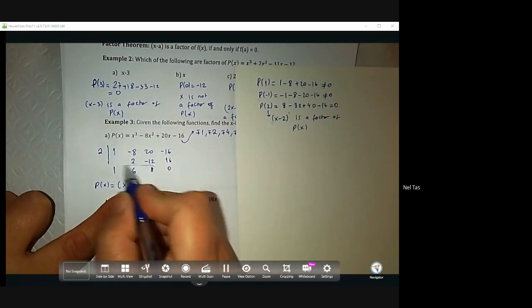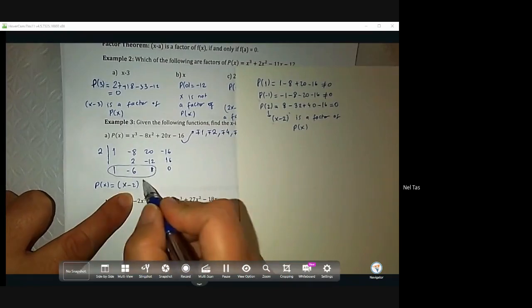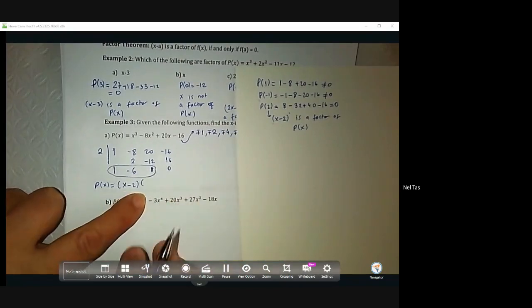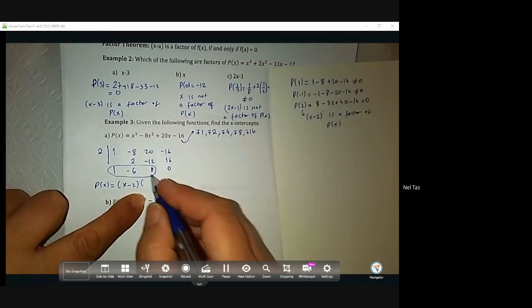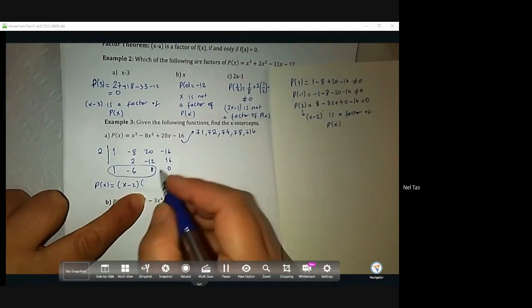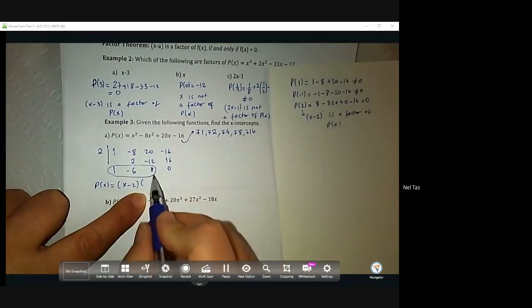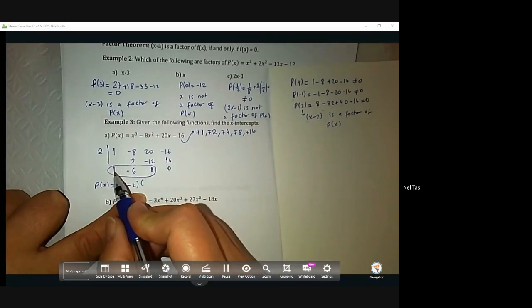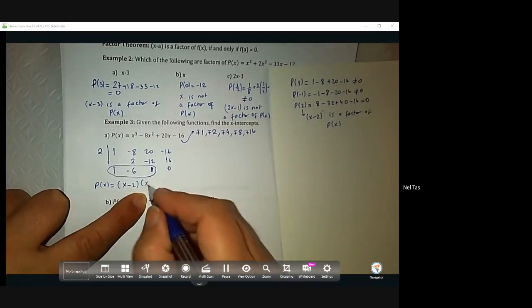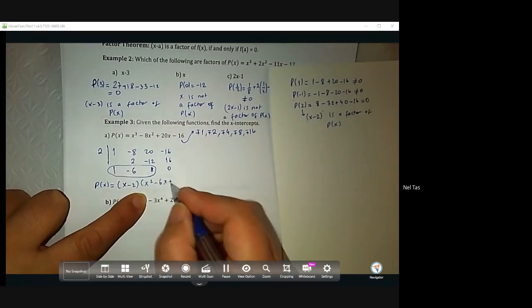Then this is the quotient from this division. So we are going to use those for the coefficients for the quotient, right? So that gives you, this is for x to the power of 0, this is for x to the power of 1, this is for x to the power of 2. So x squared minus 6x plus 8.